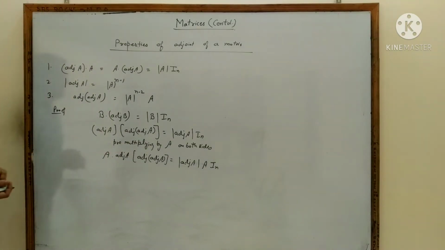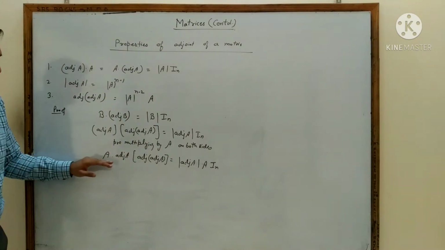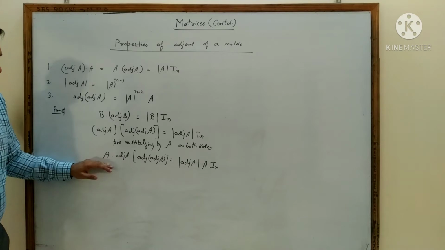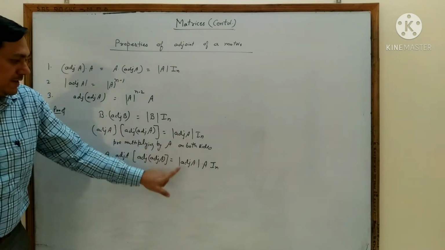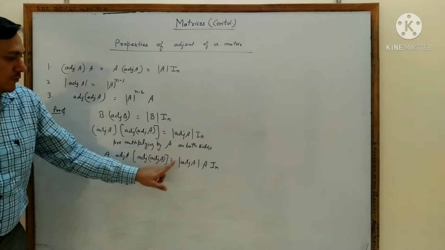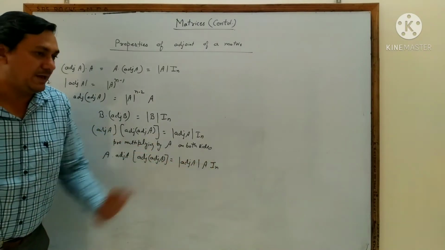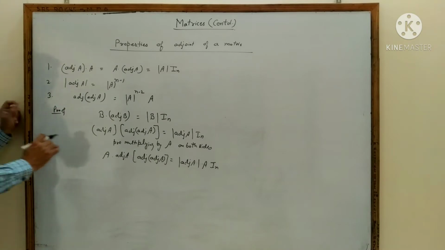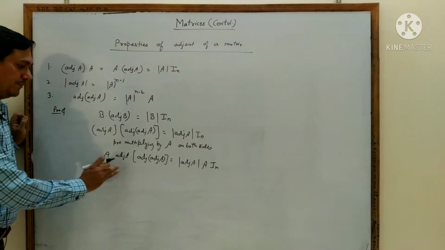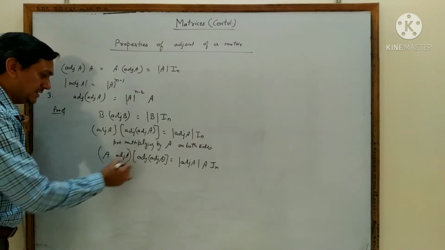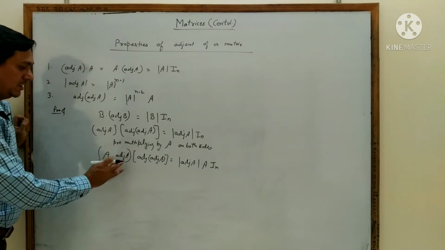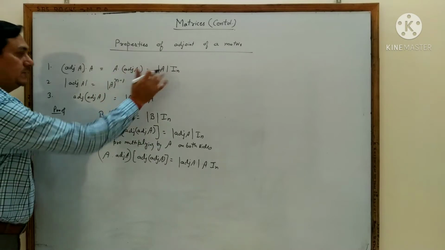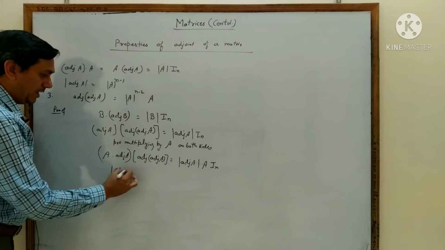We have pre-multiplied by matrix A on both sides. Here the determinant of adjoint of A is a constant, so we have multiplied A by In. Now by associativity of matrix multiplication, we can consider the multiplication of A into adjoint of A first. Now A into adjoint of A gives rise to determinant of A times In.